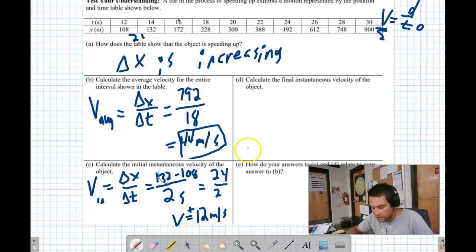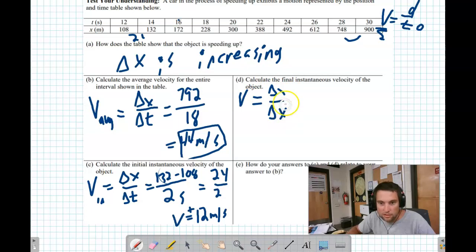D, calculate the final instantaneous velocity. The final velocity of this instantaneous. So we're looking at this little thing over here. Is going to be the same thing, delta x over delta t. Sorry, it's taking me a minute. You got nothing better to do, right?